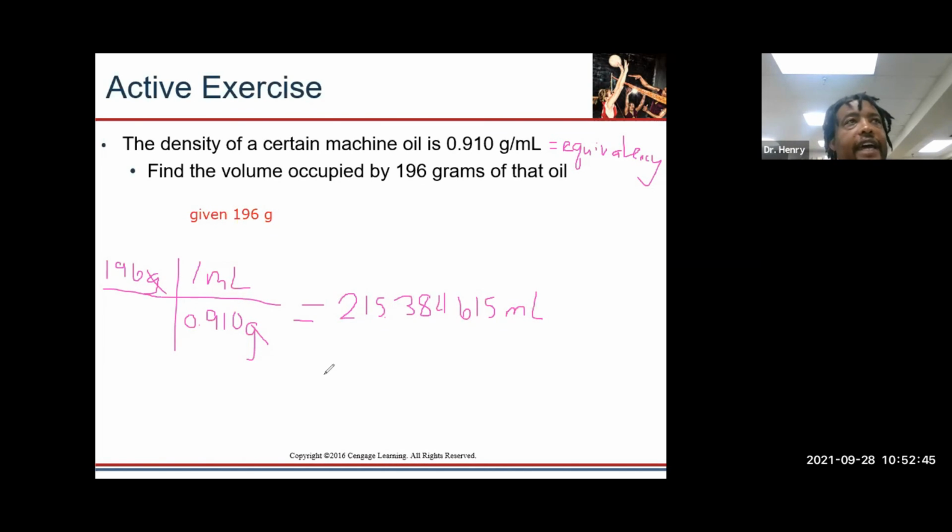But I know that I want 3 sig figs because my given was 3 sig figs. 1, 2, 3. So then my answer with 3 significant figures, we're going to use the 3 to determine whether we're going to round up or leave it alone. So 3 is less than 5, so we're going to leave it alone. So my answer should be 215 milliliters.